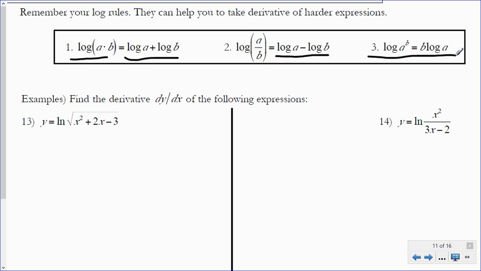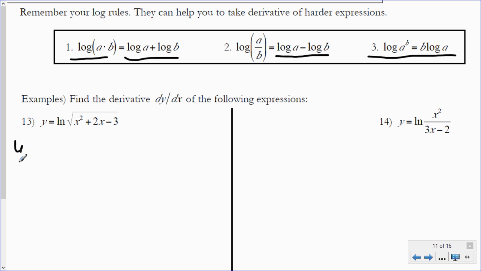So we use these properties to either expand logarithms into a sum or a difference, or we can also use these properties to condense logarithms into a single logarithm. But they can also be helpful when we're finding derivatives. If you look at example 13, we have y equals the natural log of the square root of x squared plus 2x minus 3.